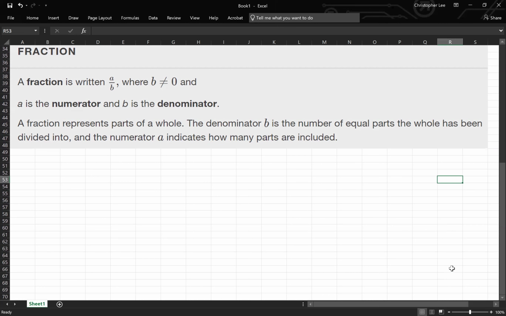Anyway, A is the numerator, B is the denominator. A fraction represents parts of a whole. So the denominator B is the number of equal parts the whole has been divided into, and the number A represents how many parts are included in the situation.